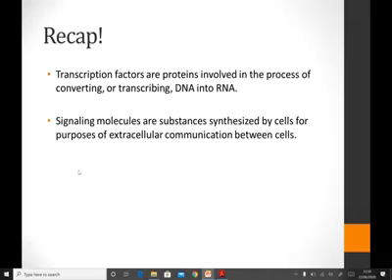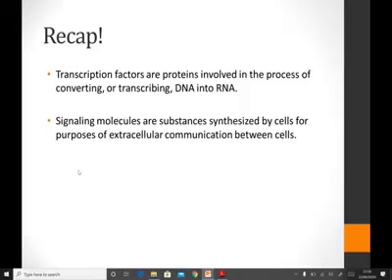So cells synthesize these signaling molecules, and these molecules signal these cells and the cells around them towards a certain pathway.